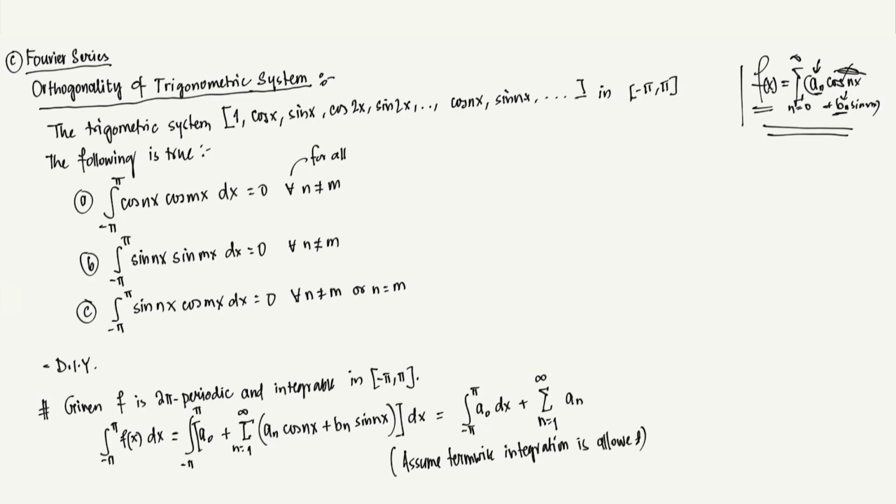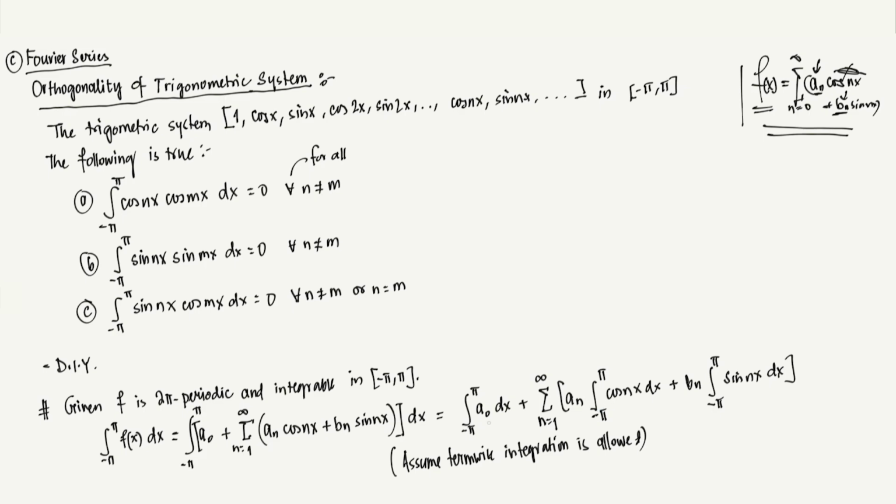So it becomes an times the integral from -π to π of cosine nx dx plus bn times the integral from -π to π of sine nx dx. See, very simple. Now, what happens to cosine nx and sine nx between -π to π? We know that this is of course going to be 0, right?